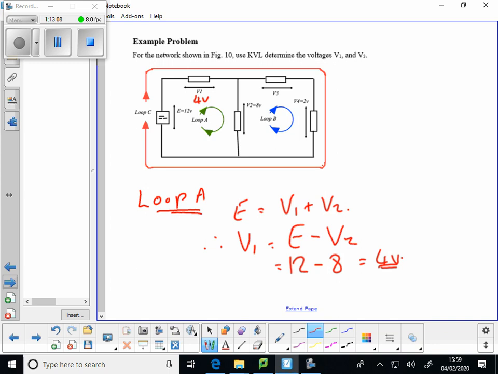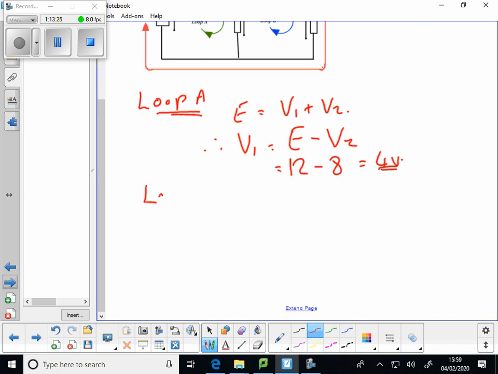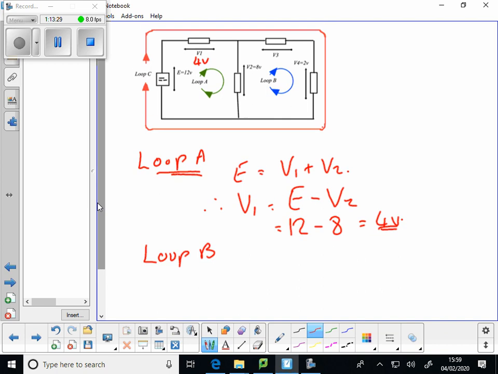Here, we could now use the outside loop, because we've only got one unknown in that, since we've now calculated V1. Or we could use this blue loop here to calculate V3. So let's use the blue one. Loop B, clockwise V2, anti-clockwise V3 and V4.